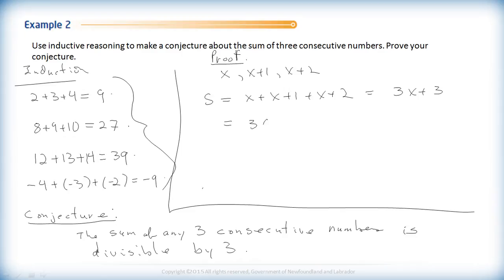Or we can factor out a common factor of 3 and have 3 times (x plus 1). Okay? So because of this 3 right here, we have a factor of 3. Then we can say, therefore, the sum is divisible by 3. Quod erat demonstrandum.